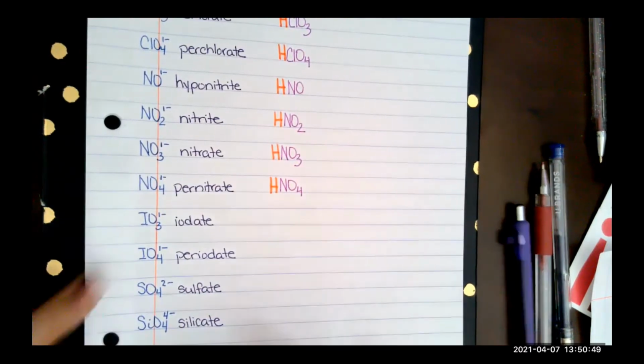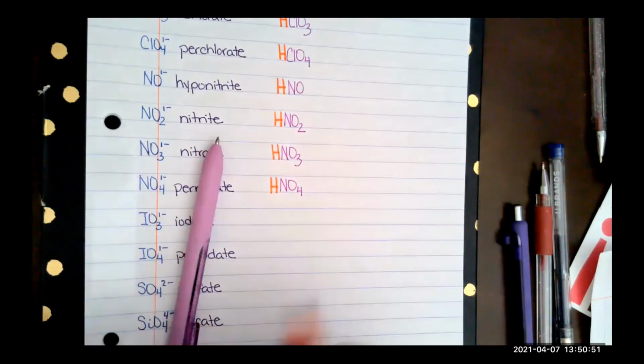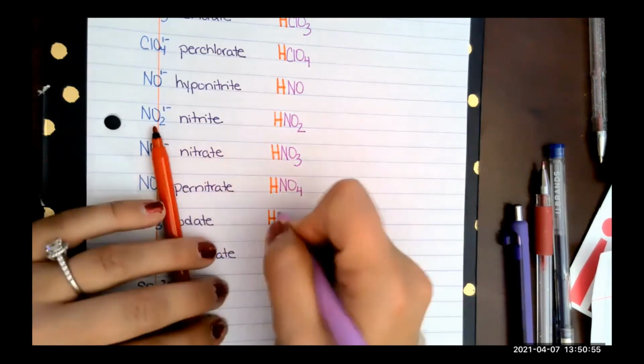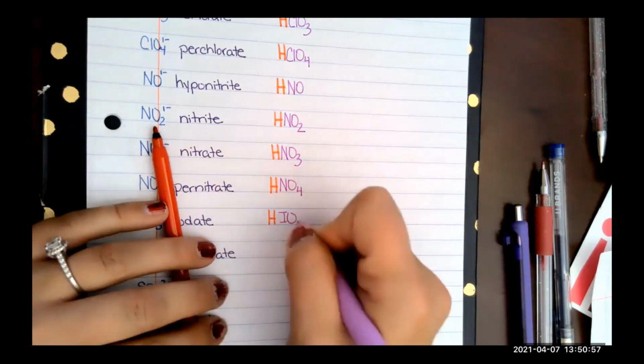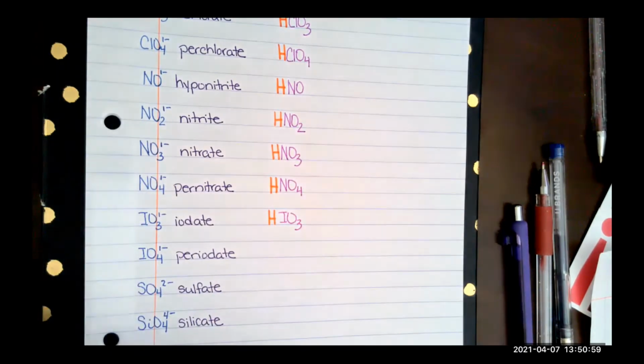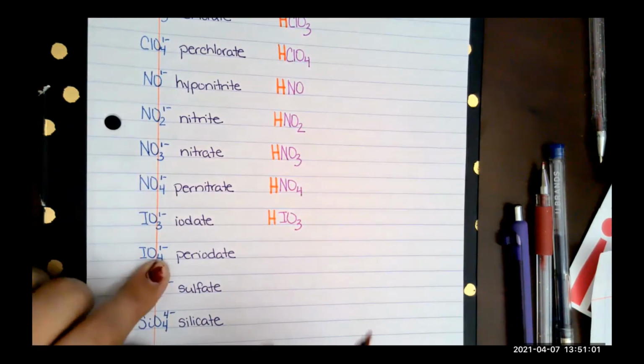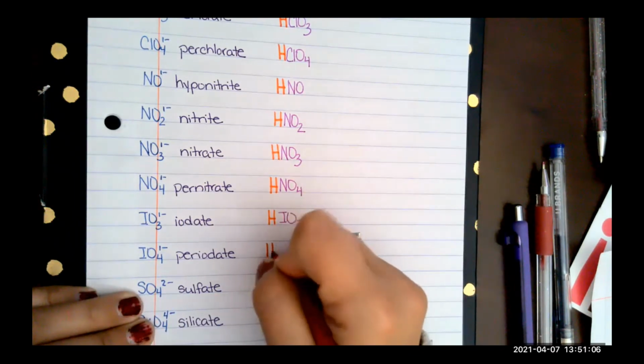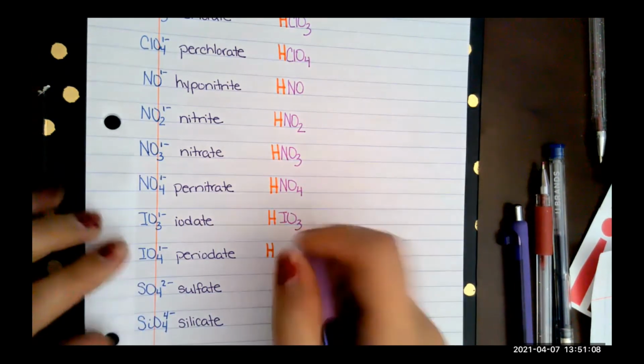Okay. For iodate, the charge is 1, so we do H, IO3. For periodate, it's IO4, but the charge is 1, so it's H, IO4.